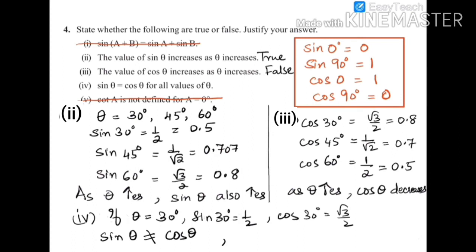But if we take theta as 45 degrees, you can see sin 45 is equal to cos 45, as both these ratios are 1 upon root 2. So only for one value of theta, that is 45, these two ratios are equal, but not for all. So this statement is false.